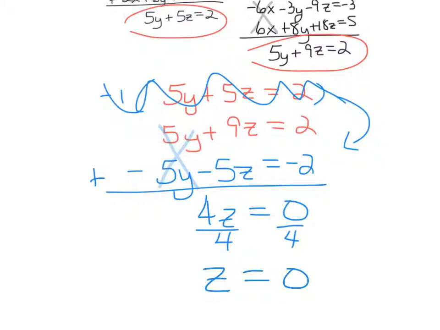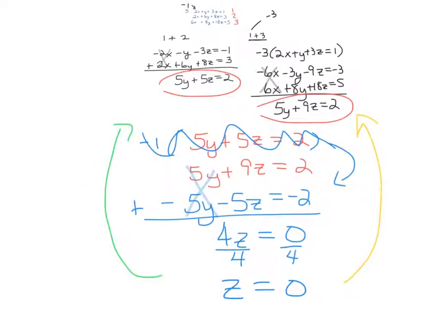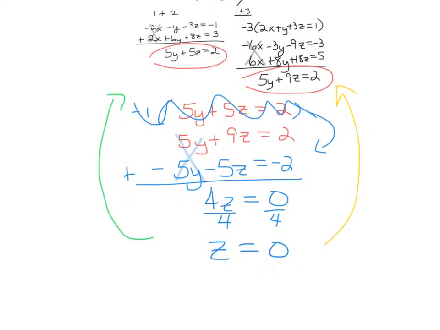Now that I have my first piece of my ordered triple, I go back up and plug it into either the green or the yellow. Pretty good so far? All right, so now I'm going to plug it into green. Looks like it might be the easier side to do.